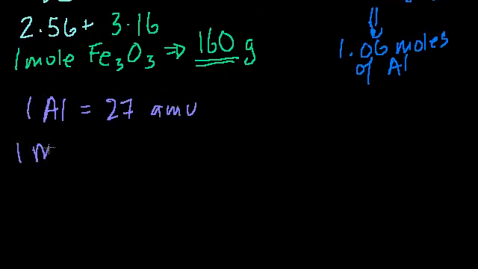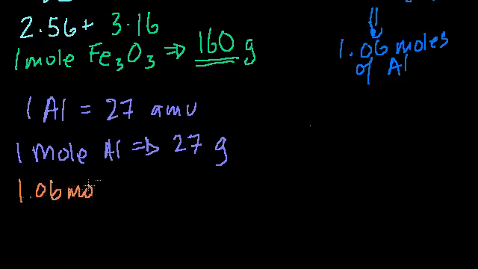So 1 mole of aluminium, or 6.02 times 10 to the 23 aluminium atoms, is going to be 27 grams. So if we need 1.06 moles, how many grams is that going to be?